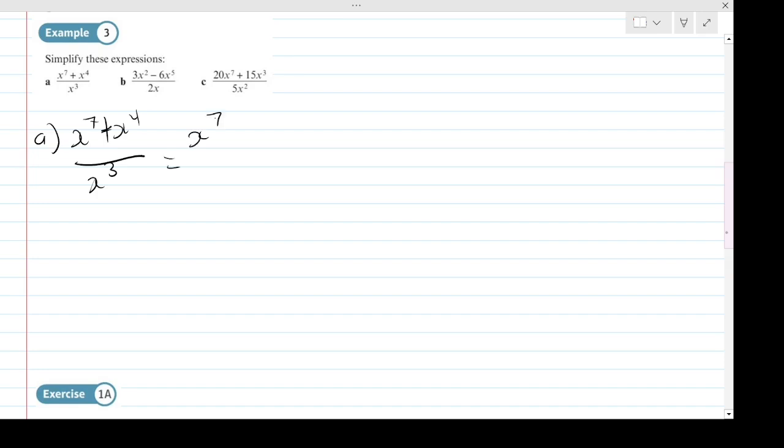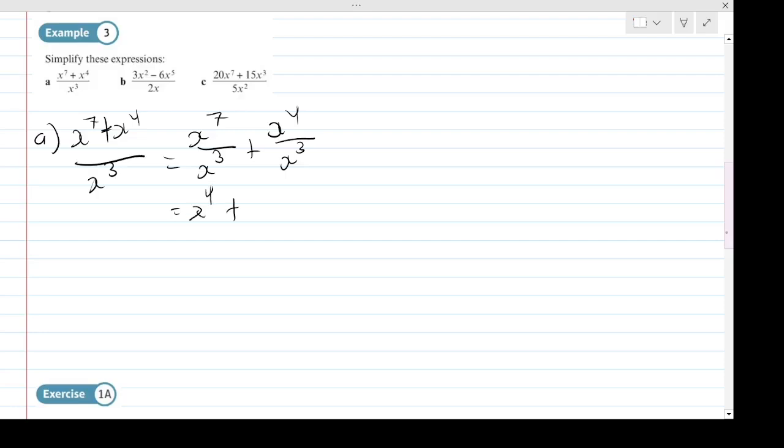So that would be x to the 7 over x to the 3, add, and then a separate fraction, x to the 4 over x to the 3. And now notice we can apply these index laws. Because now we can say, well, x to the 7 divided by x cubed is going to be x to the 7 minus 3, which is x to the 4.